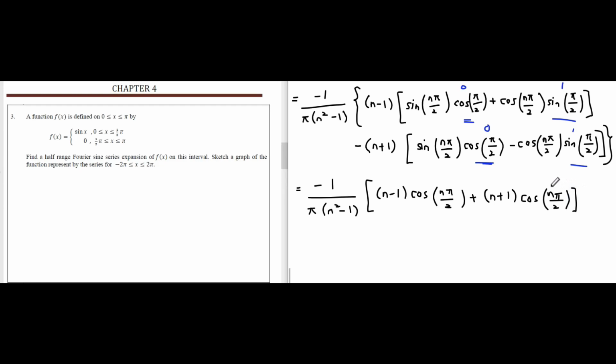So calculation from here, where n cannot be 1 to avoid getting undefined expression.